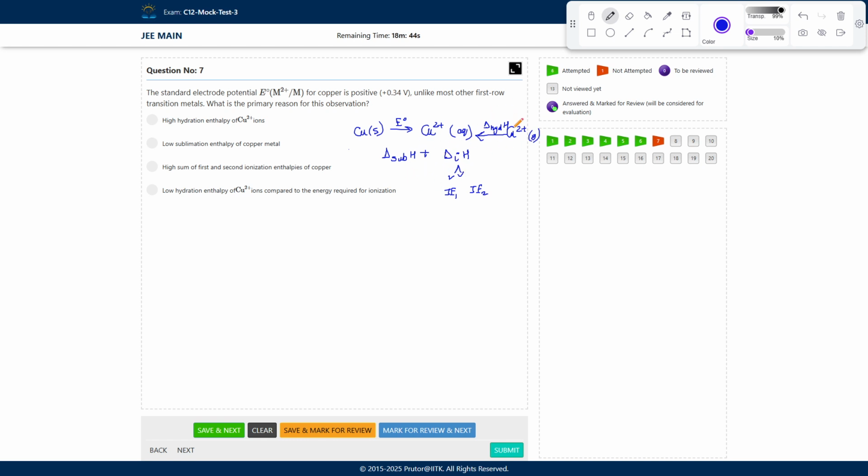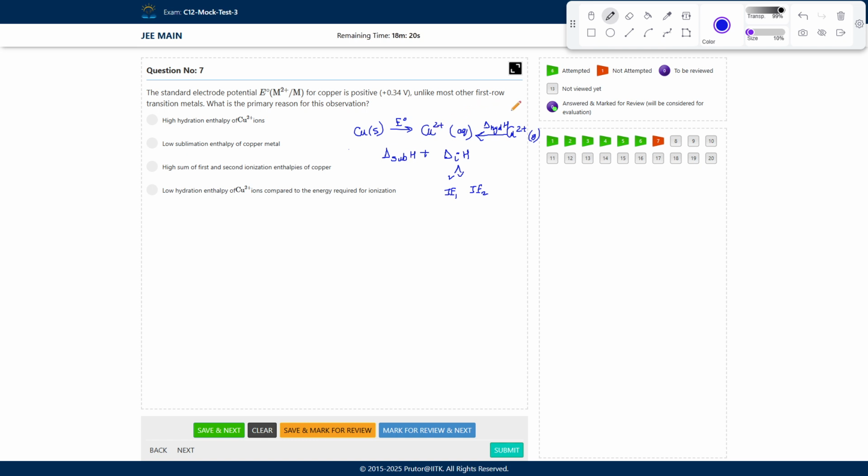That means the hydration energy doesn't balance the energy required for the conversion of copper solid to copper 2 positive aqueous, which is the sum of sublimation and ionization energy. Due to this, copper has a positive standard electrode potential, unlike most other first row transition metals.